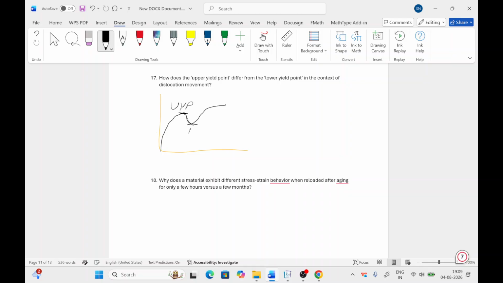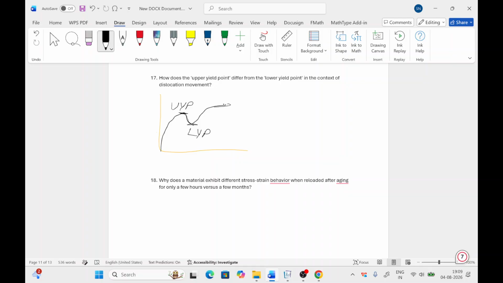This is the upper yield point, and this is the lower yield point. Because the dislocations now get free, the stress reduces up to a certain point. Then after some time, the stress again increases because of the interaction between different dislocations.